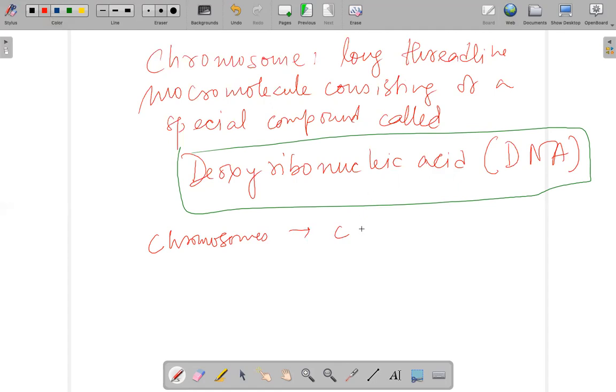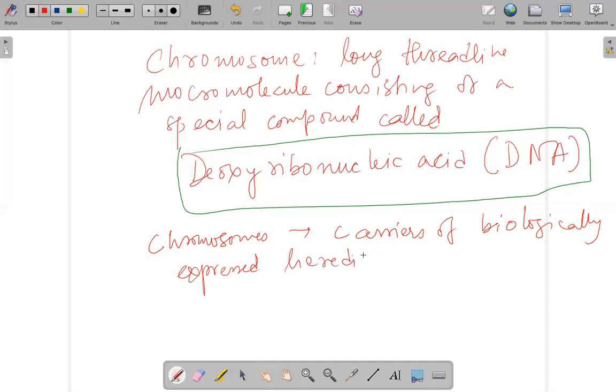They are carriers of biologically expressed hereditary characteristics, those that we acquire from our elder generations.